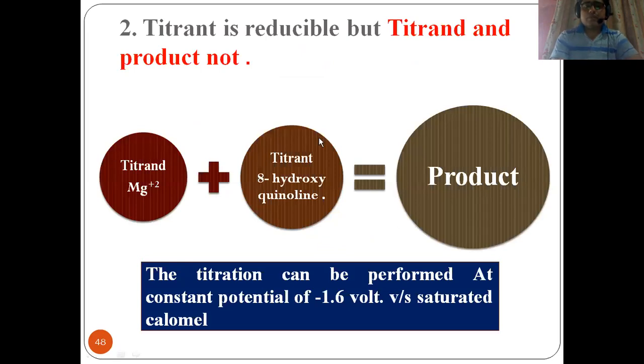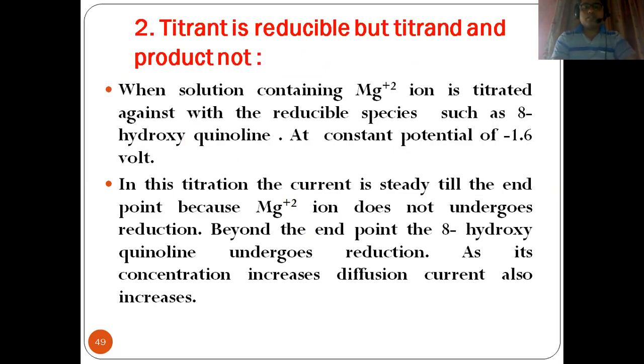The next example is where the titrant is reducible, that is 8-hydroxyquinoline, but the magnesium analyte and the product are not reducible. In this case, the current is initially a steady value up to the equivalence point, as the magnesium ion does not undergo any reduction.